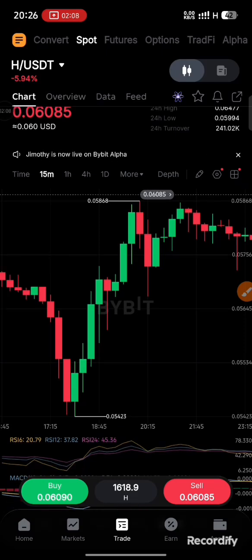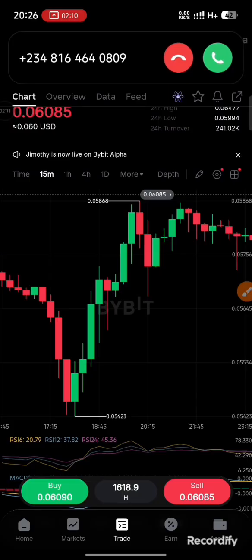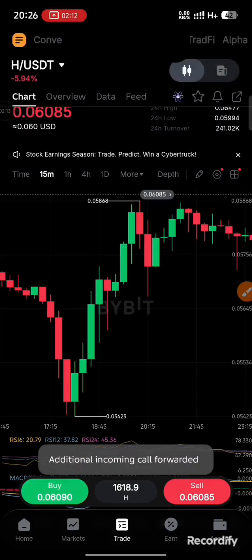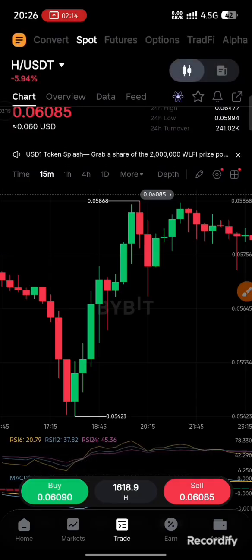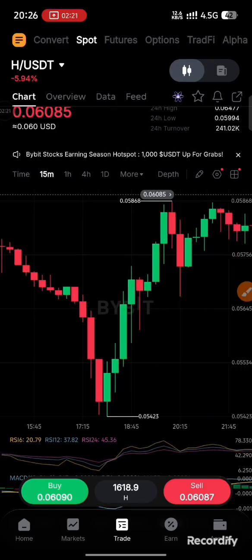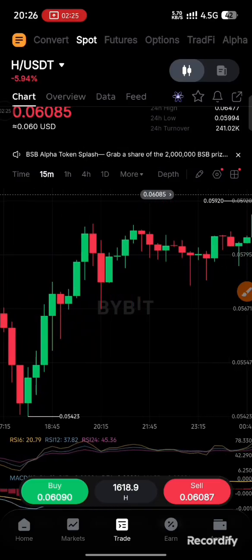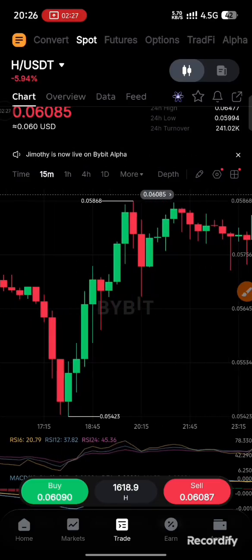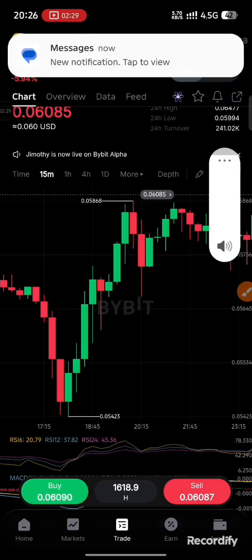Scalping means we're going to keep buying and also keep selling within a few minutes or a few hours, using this 15-minute time frame.